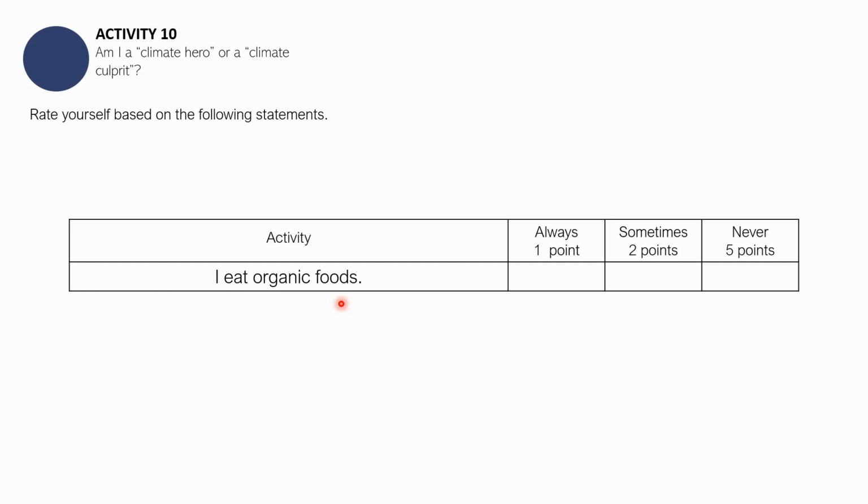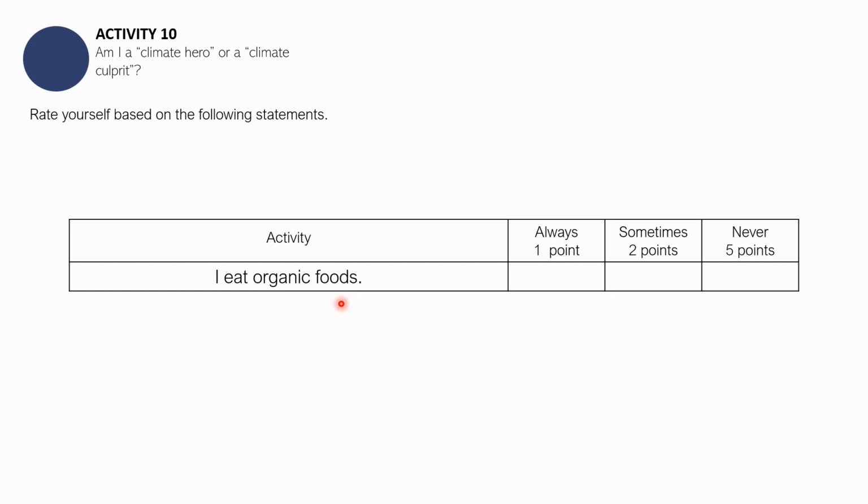Pero sure ka na hindi siya genetically modified na ampalaya. The genetic modification of food and the energy that is used to produce those fertilizers and insecticides, they add up to the cost of the food that you're eating.